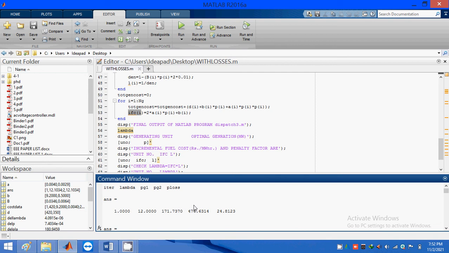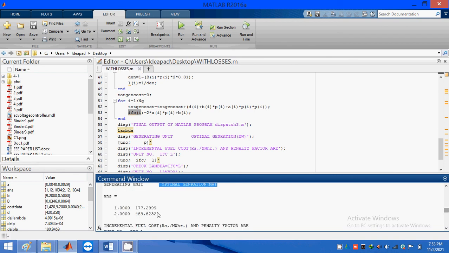For the optimal solution, we have 5 iterations, so 5 different Pg1 and Pg2 values appear, but we need to find the optimal Pg1 and Pg2. At lambda equal to 12.1034 we find the optimal generation: Pg1 is 177 megawatts and Pg2 is 489 megawatts.